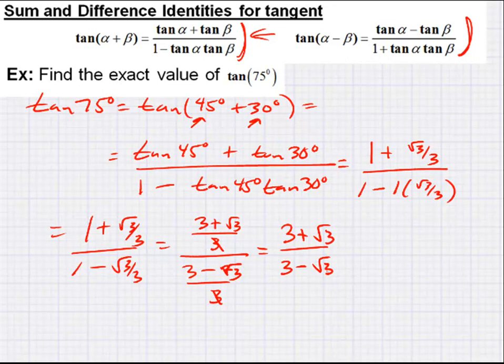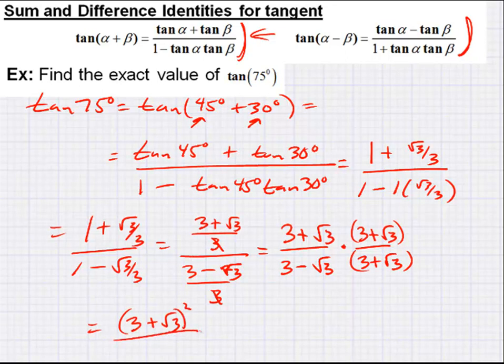Normally, we would not have roots in the denominator, so then I'll multiply by the conjugate top and bottom. So then I get 3 plus root 3 squared over 9 minus 3, so 3 plus root 3 squared over 6. I could also multiply that out.